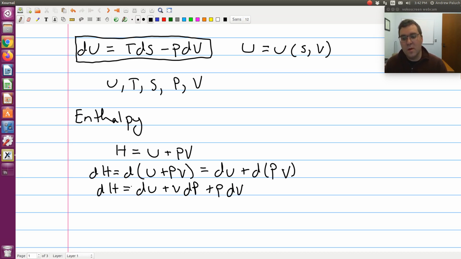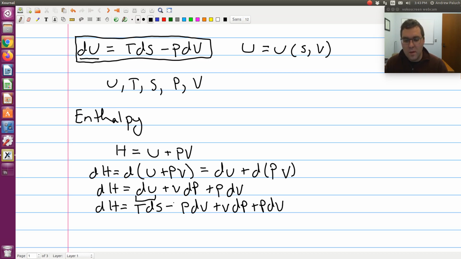Cool. Our next step is that I have dU here. We just worked out our expression for dU up here. So if I substitute that in, I get that dH is equal to TdS minus PdV plus VdP plus PdV.